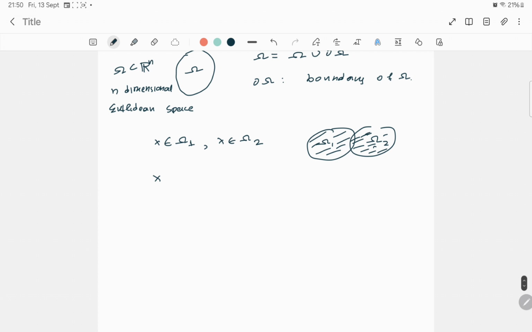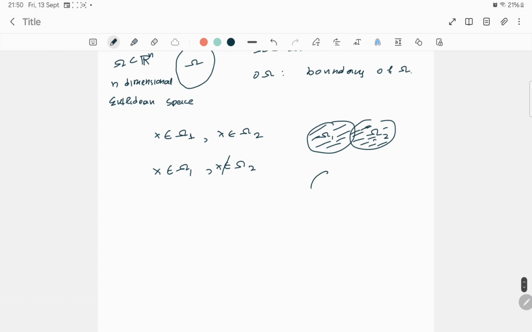Now let's say that x belongs to omega 1, but x does not belong to omega 2. It's this case here. This is omega 1, this is omega 2. It belongs to omega 1 but doesn't belong to omega 2. So we sketch this part here.